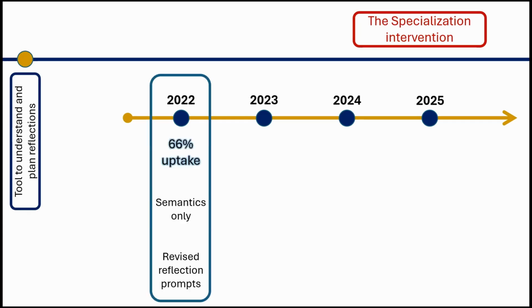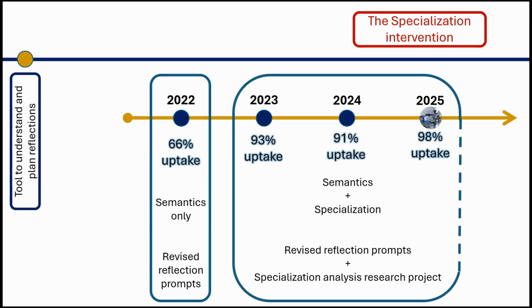Thanks, Steve. So let's let the numbers do the talking as we wrap up. In 2022, when students only had a semantics intervention, we saw great uptake, significantly improved, at 66%. I've said this before, with the revised reflection prompts.